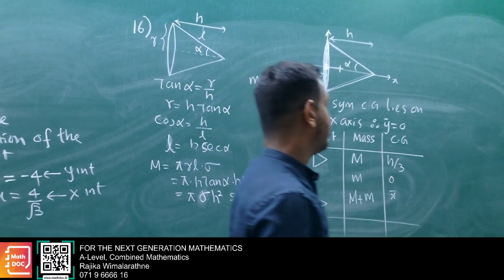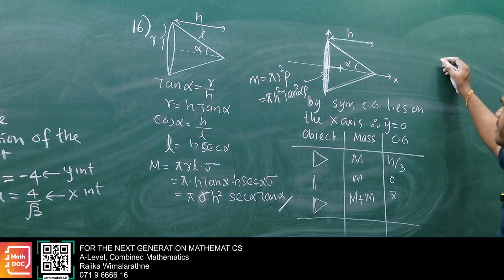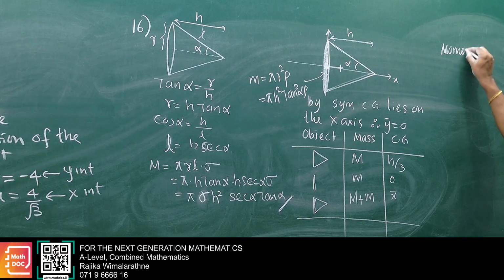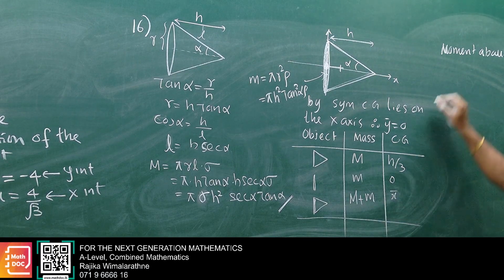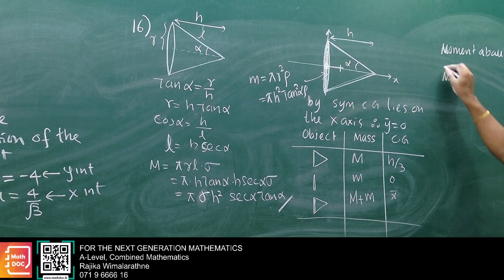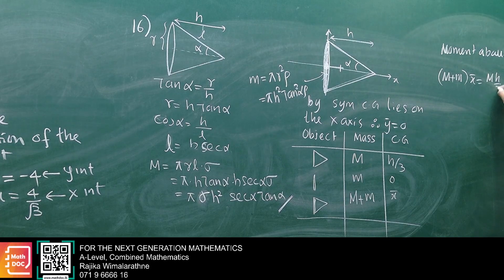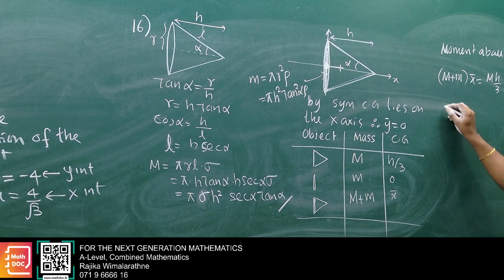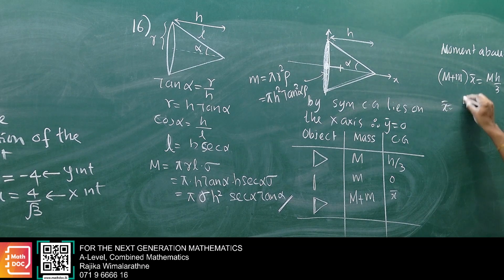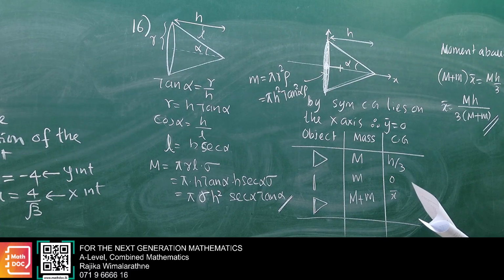Okay, let's simplify. Then moment about the y-axis: capital M plus simple m times x bar equals capital M times h over 3 plus simple m times 0. Then x bar equals M h divided by 3 times M plus m. Here the center of gravity.